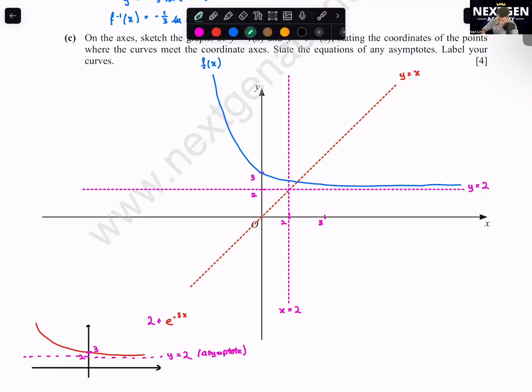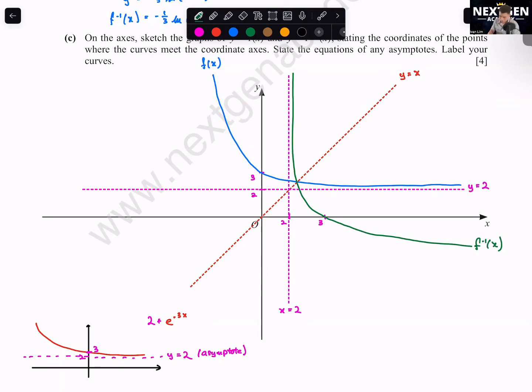The other one, we need to know that it will intersect here also. So this one is almost straight like this. Something like this, this is f inverse x.